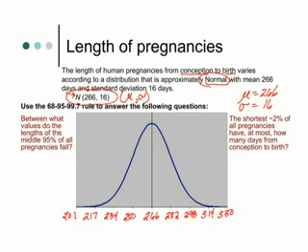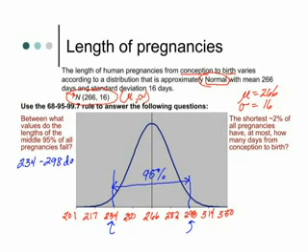So the lower boundary is 234, and the upper boundary is 298, because those mark plus or minus 2 standard deviations from the mean, which is 95% of all observations. This means that approximately 95% of all human pregnancies from conception to birth last somewhere between 234 to 298 days.